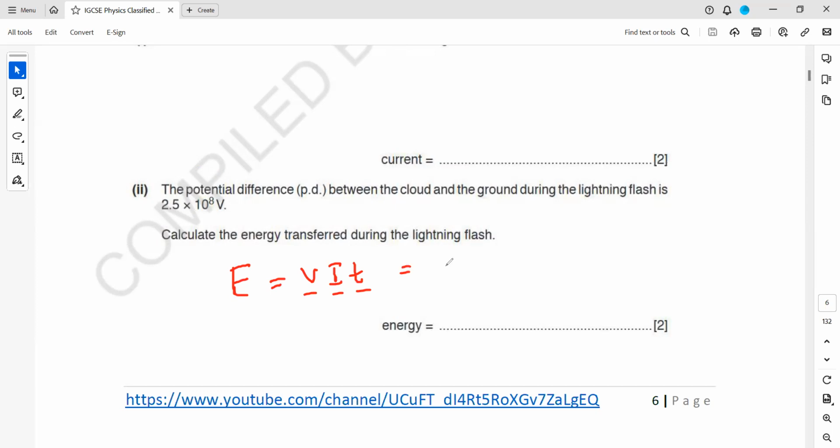The voltage is 2.5 into 10 to the power 8, the current is what we calculated in the previous part, 12,000, and the time is 5 into 10 to the power minus 5 seconds. How much energy is transferred during this lightning flash? It is 1.5 into 10 to the power 8, and the unit is joules.